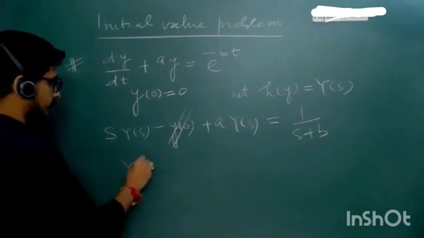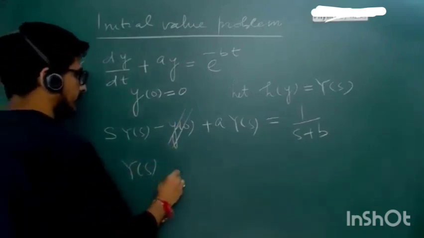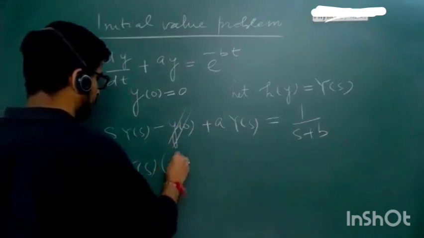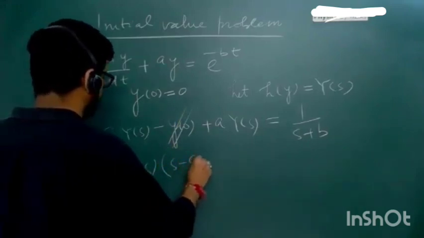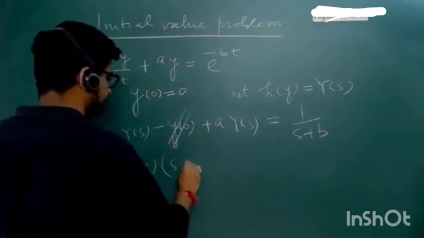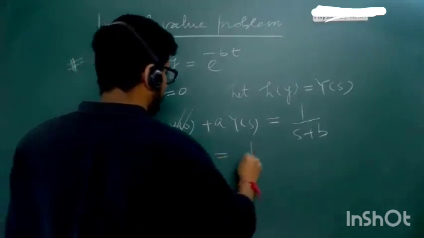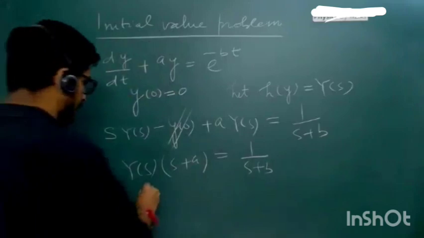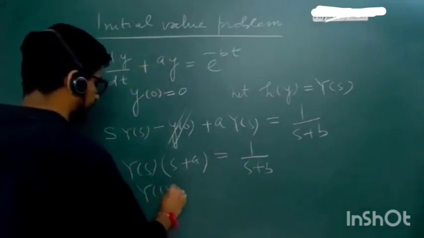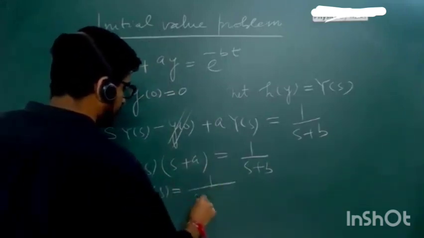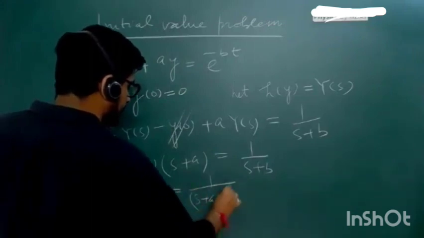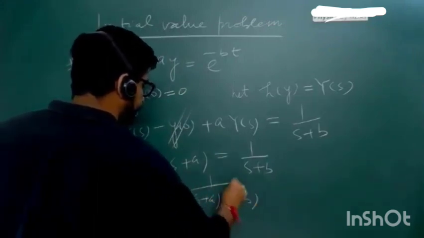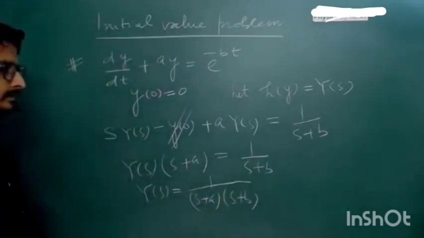This y0 is given to be 0. So Ys, which is Laplace of y, if I take common, it will become s plus a times Ys equal to 1 upon s plus b, and Ys will become 1 upon s plus a into s plus b.